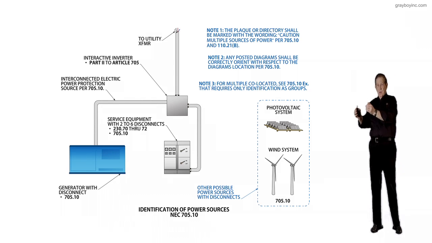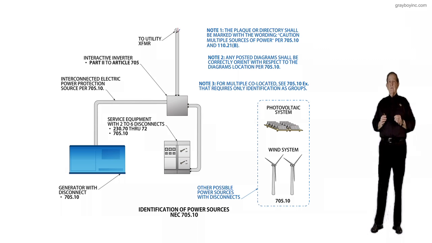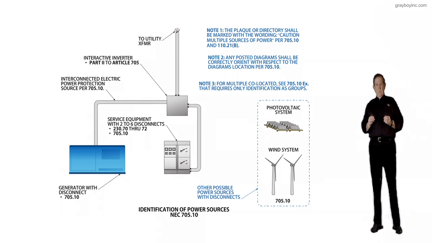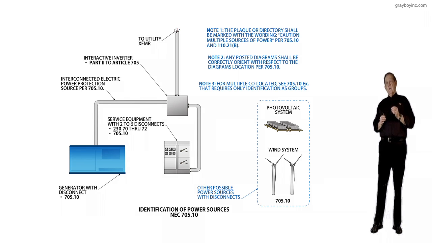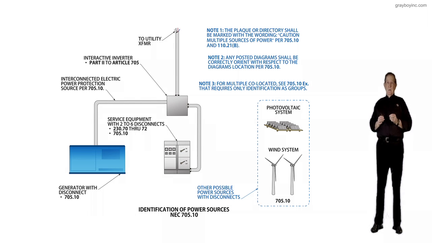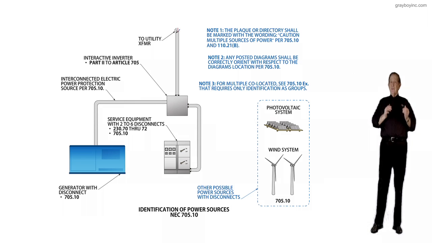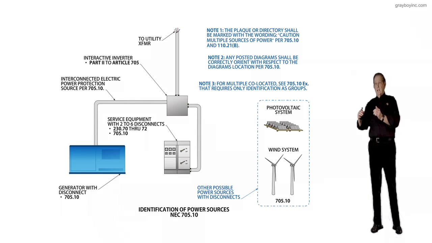Is it commercial or industrial? Then you would go to Article 702 to pick up your rules. So be sure you review 702 very carefully to see if one of those revisions or changes has an effect on your design or installation or your inspection. But remember, Article 705.12 is a very important section that we would review if we're connecting the power source in with the utility power source.